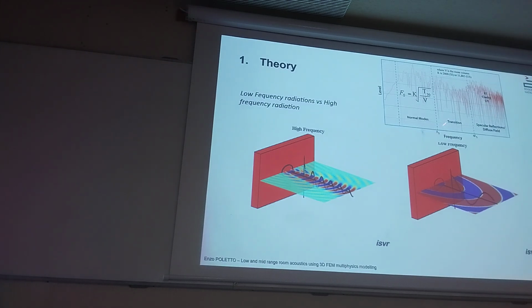That's why we're going to talk about a modal analysis for bass frequencies and a diffuse reflection, diffuse field for high frequencies. And in between, we have something called the Schroeder frequency, which defines the moment where we go from modal to geometric acoustics. In between, there's a transition, and this is calculated with the reverberation time and the volume of the room.